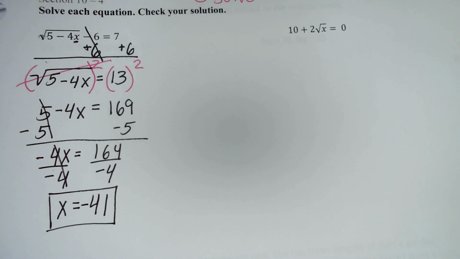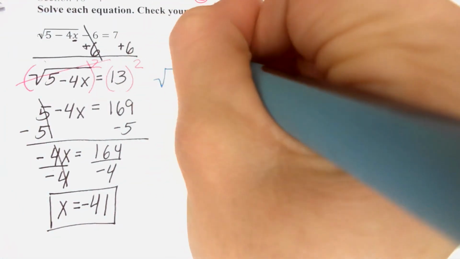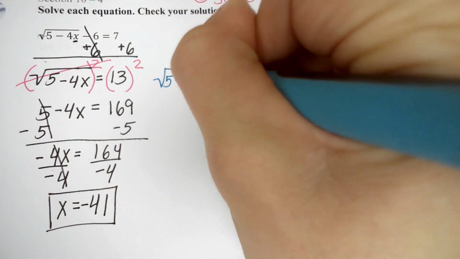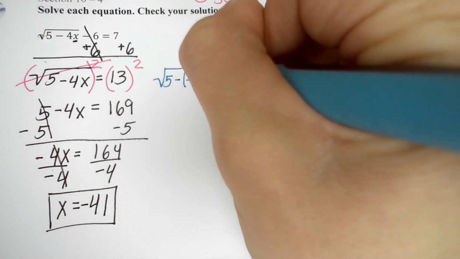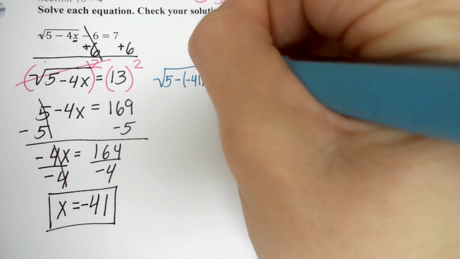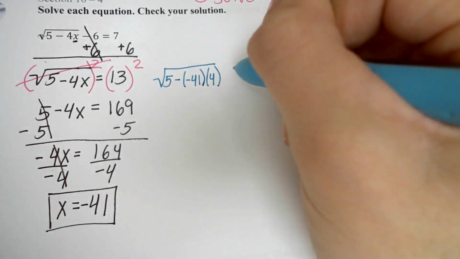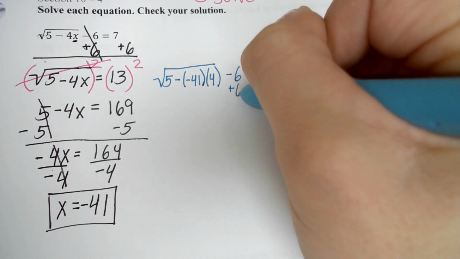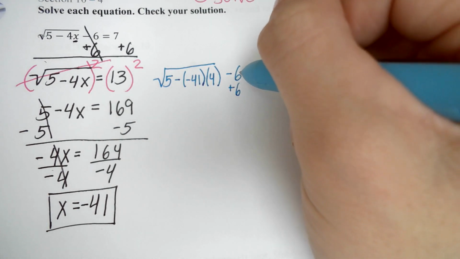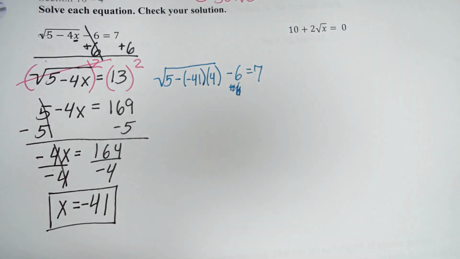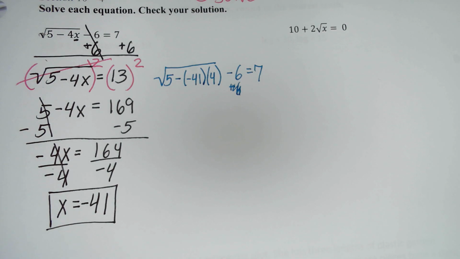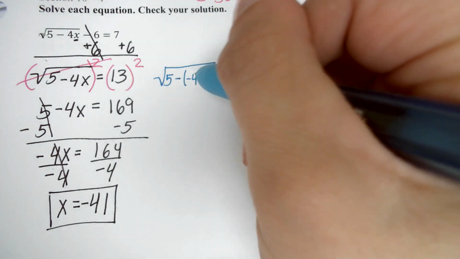Now to check my solution, I'm going to take that answer and plug it back in. So we have the square root of 5 minus -41 times 4, minus 6 equals 7. So I'm going to try and simplify this now. 5 minus negative 41 times 4. All right, so 41 times 4 is 164.